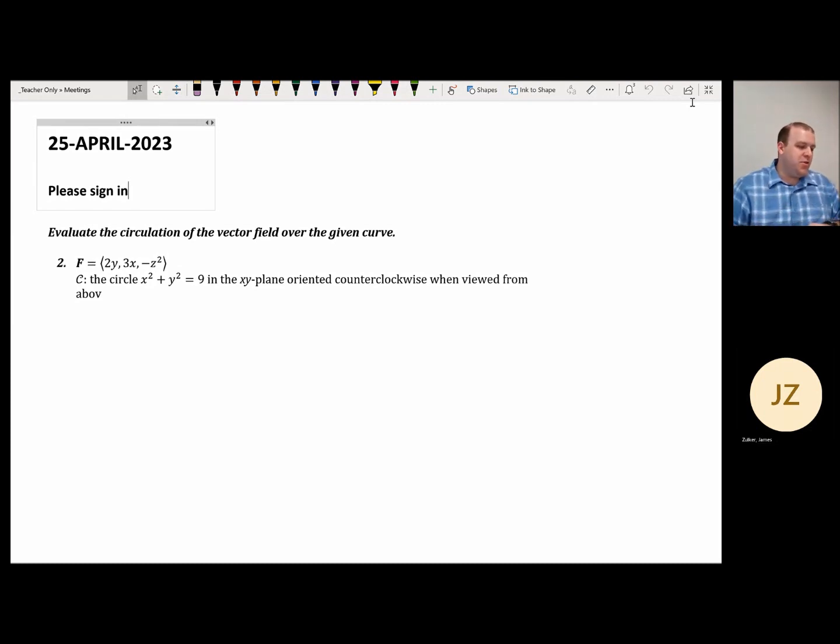For all of these Stokes problems, we're going to be calculating circulation over the given curve.